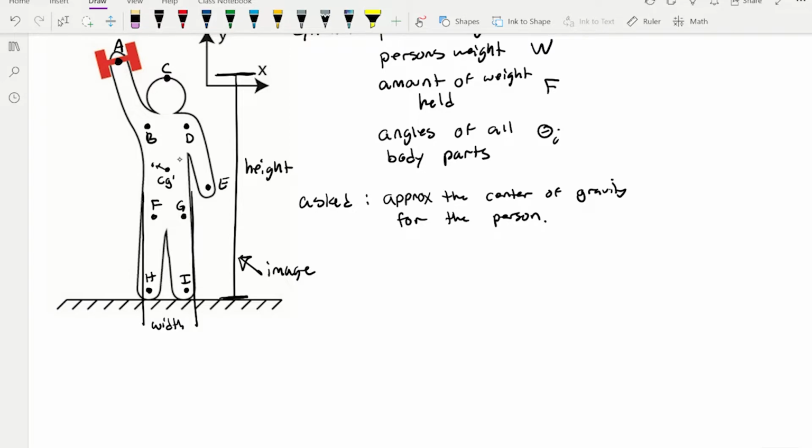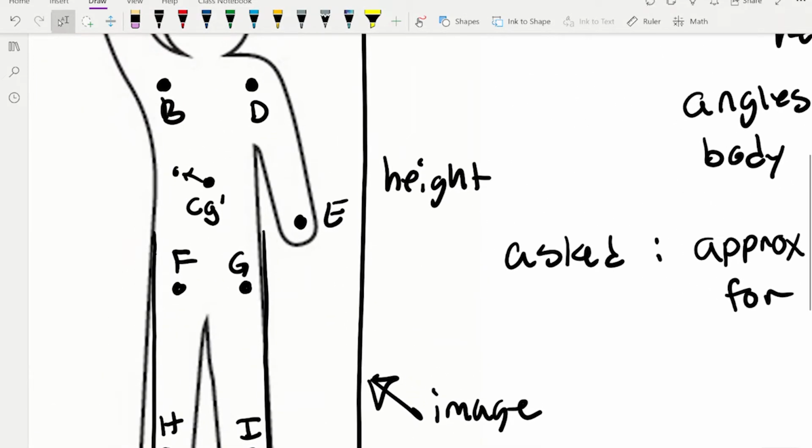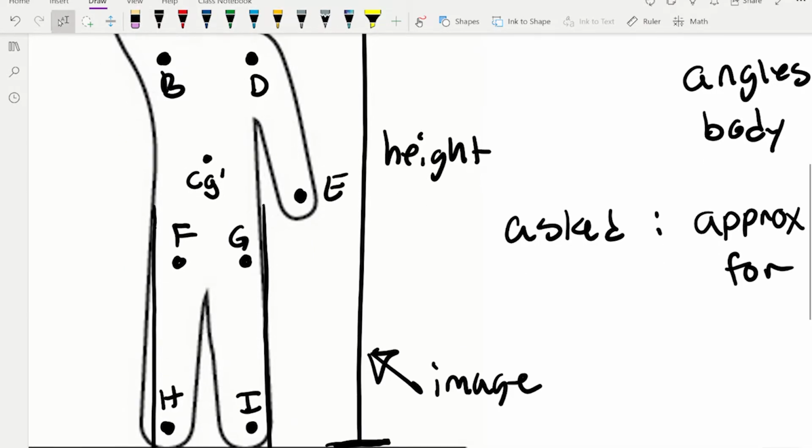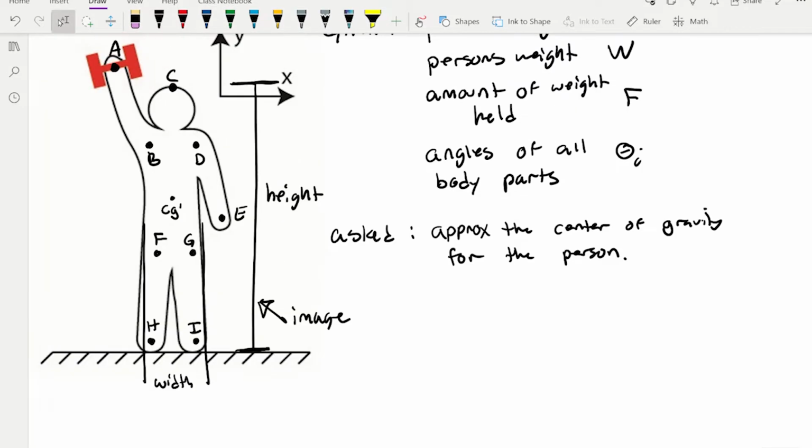These kind of things. So what we can do is find a vector pointing from our approximate CG to the real one, right? We could point a vector there. And that gives us the real CG for the person in terms of some kind of vector offset from our CG prime.